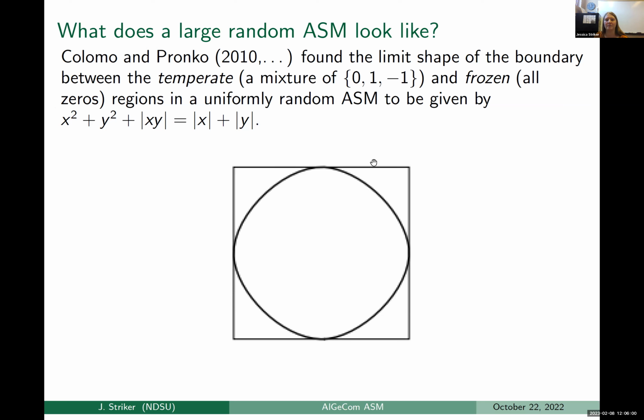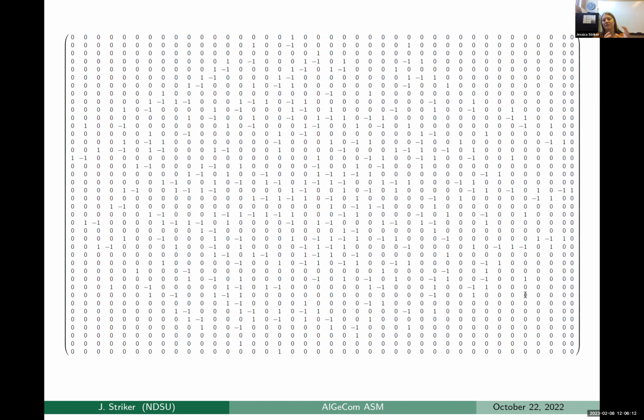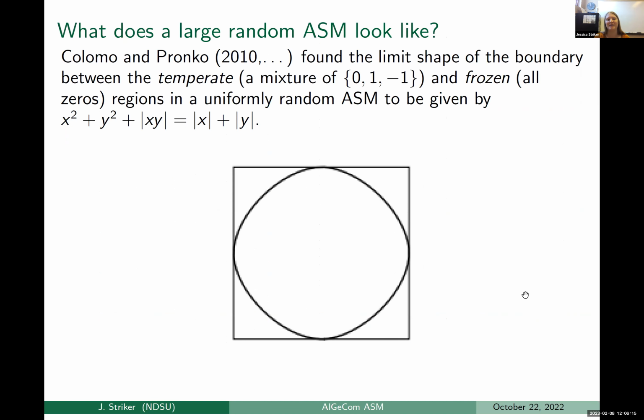Anyway, here's the equation. Outside of this circle-ish thing, there are fixed zeros in the corners, and inside it's actually random. They call that outside region the frozen region, and the inside region the temperate region, if you want to connect to ice, which we will see a connection to shortly.